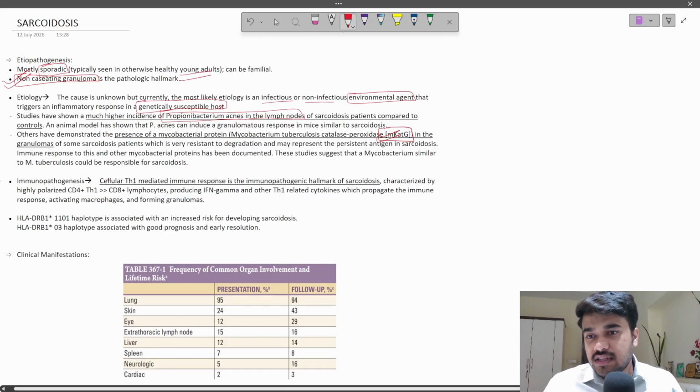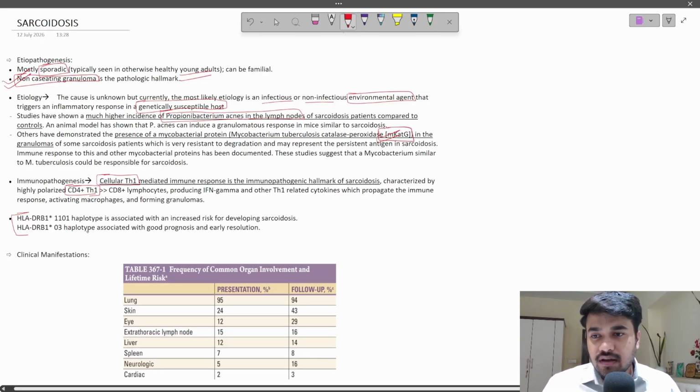Immunopathogenesis: the disease is mostly mediated via cellular immunity, and that too via Th1 cells. So CD4 positive Th1 cells are the main culprit here. Then we have the HLA association. HLA-DRB1 is the associated HLA haplotype, and there are two HLA-DRB1 haplotypes.